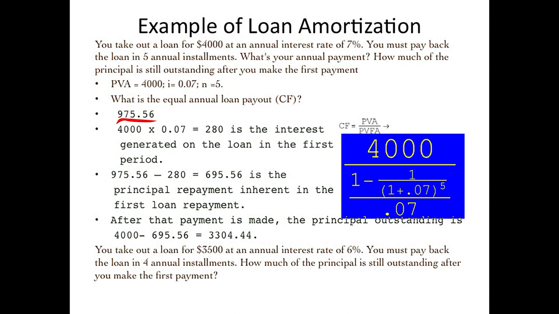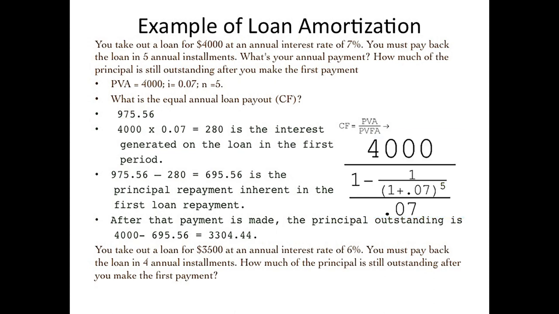Now the question is, how much of that is going towards interest and how much of it is going towards principal repayment? So what is the interest that's generated on a loan for one period, or 1 year in this case? A $4,000 loan at 7% annual rate is simply 4,000 times 0.07, which is $280.